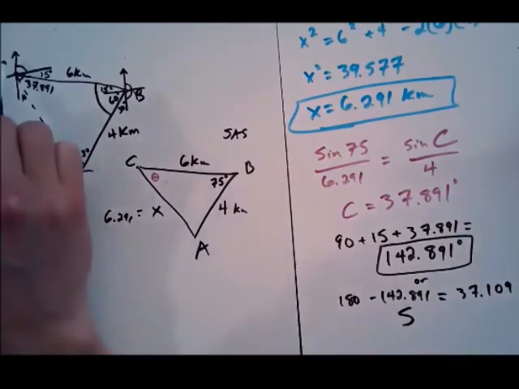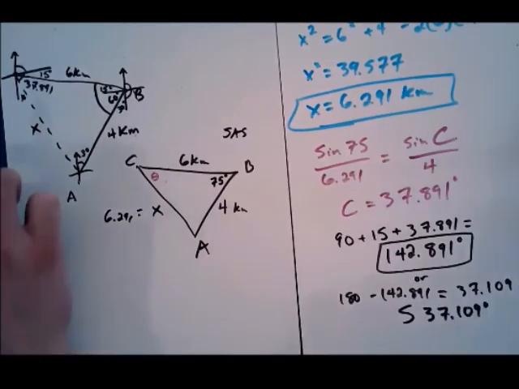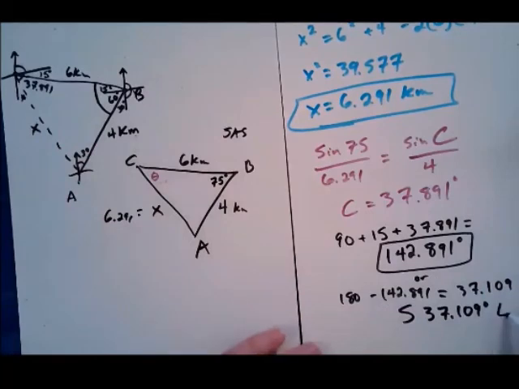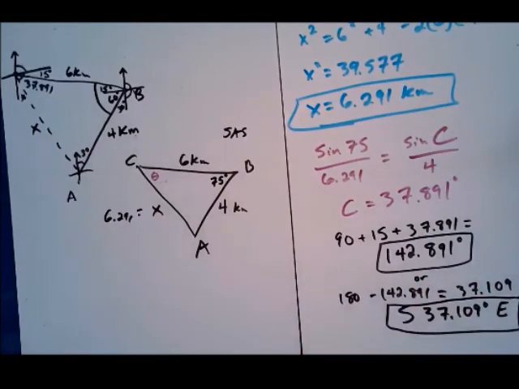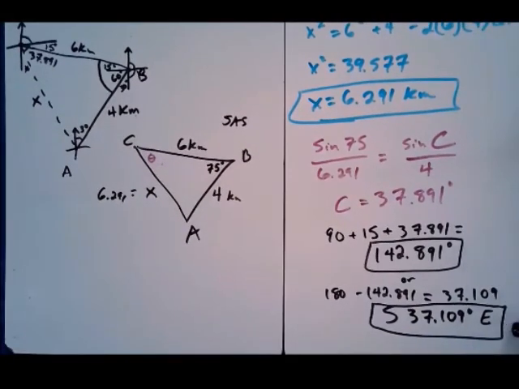So you would be going south 37.109 degrees east. Okay, you could come to these two answers a couple different ways, but either of these are acceptable for telling your heading to return.